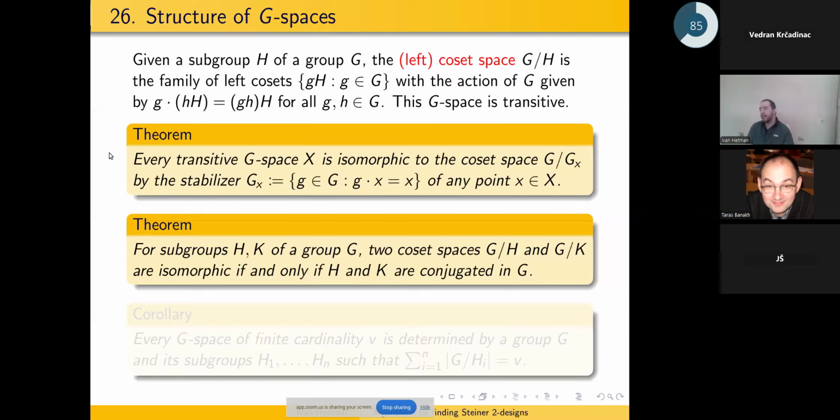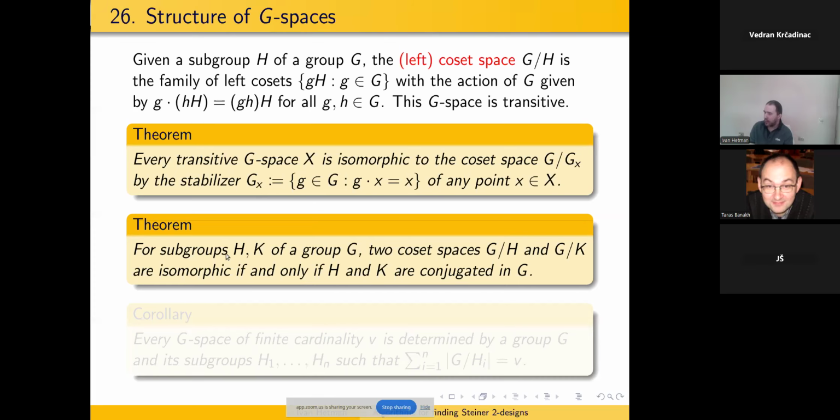Okay, then the next theorem shows us the isomorphism relation between the coset spaces.